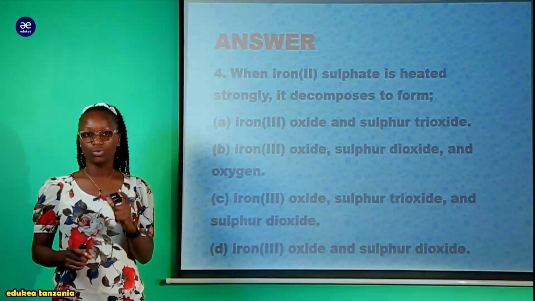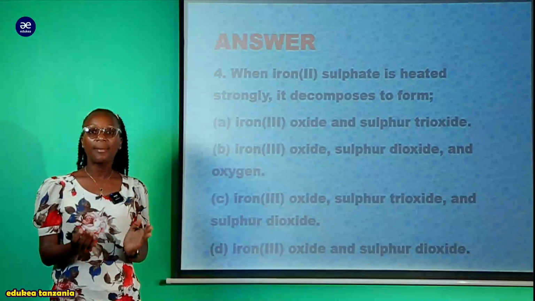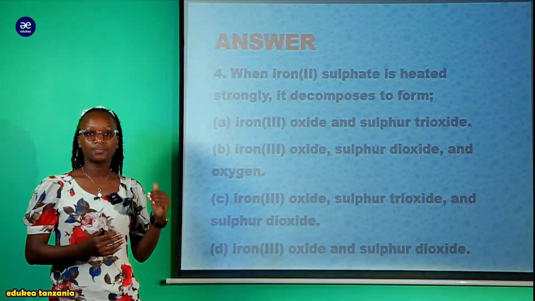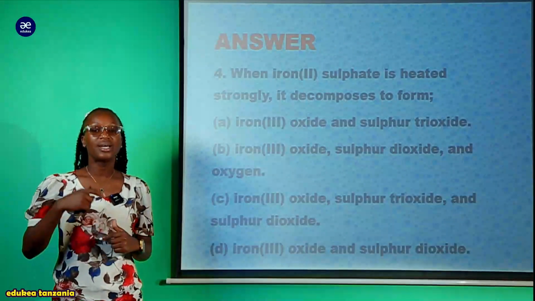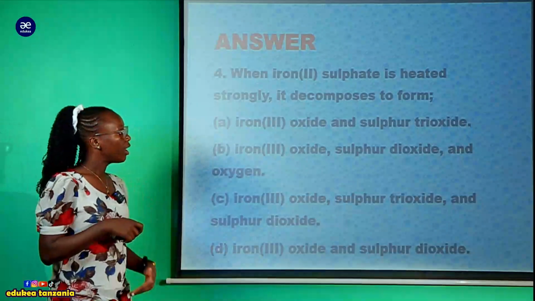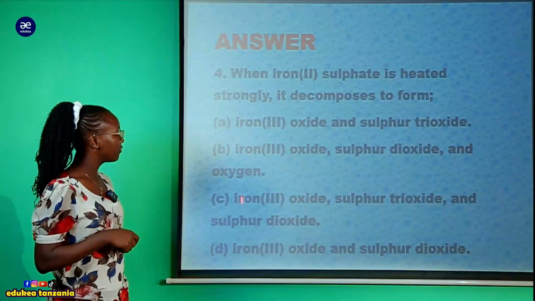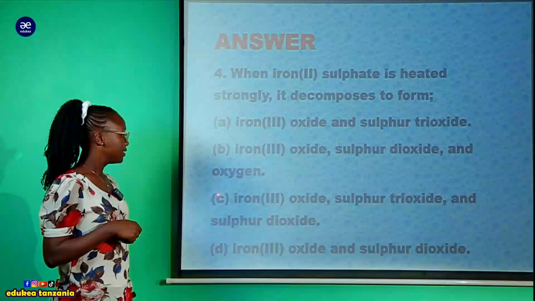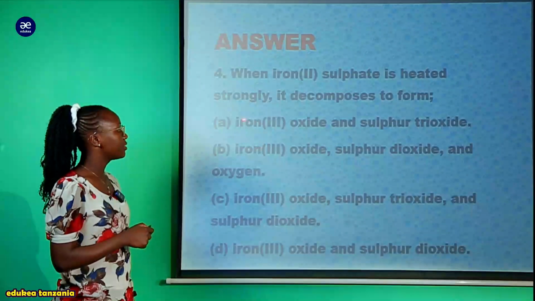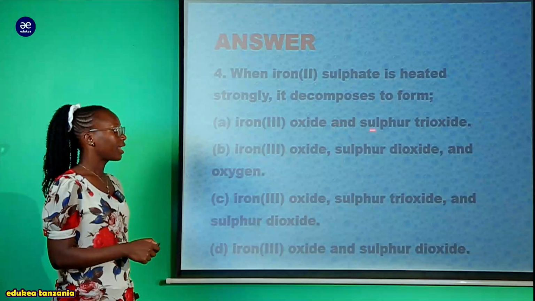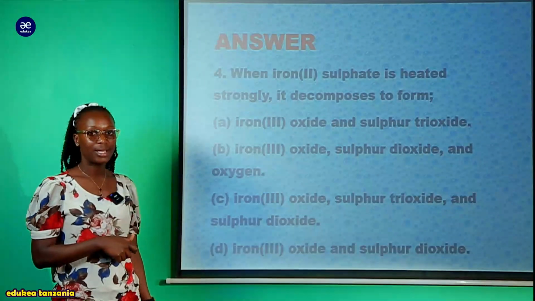So it's your task to know what is the chemical formula of this iron 2 sulfate, but also once it decomposes, what are the products. So now my student, as you see, you are given the alternatives A, B, C and D. A, you are given iron 3 oxide and sulfur trioxide.